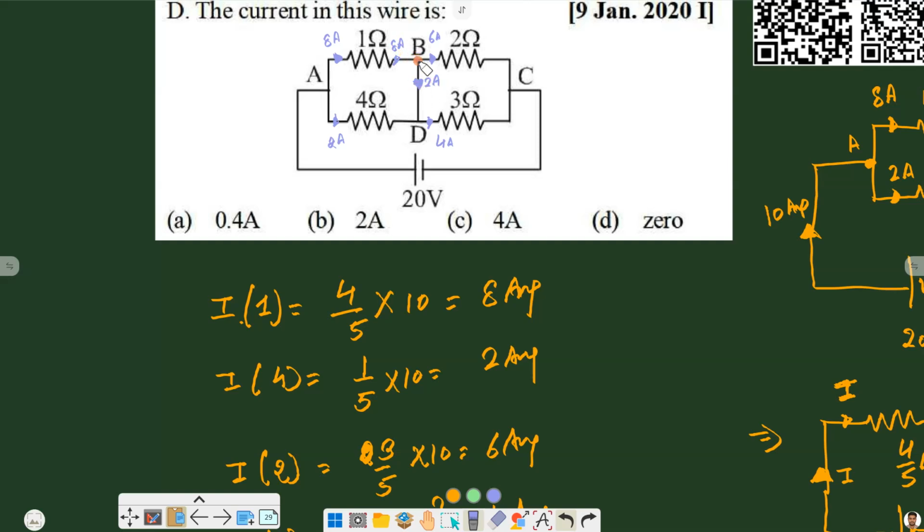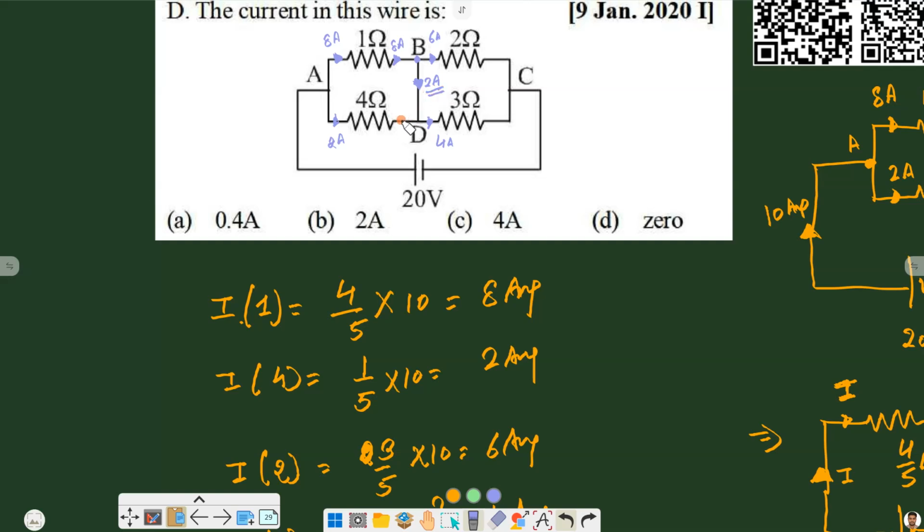Only then at this point B total current will be zero, because we know at any junction, according to Kirchhoff's law, total current is always zero, or total incoming current should be equal to total outgoing current. At point B, incoming current is 8 ampere, and we have already solved for 2 ohm resistance that outgoing current is 6 ampere, so downward current should be 2 ampere.